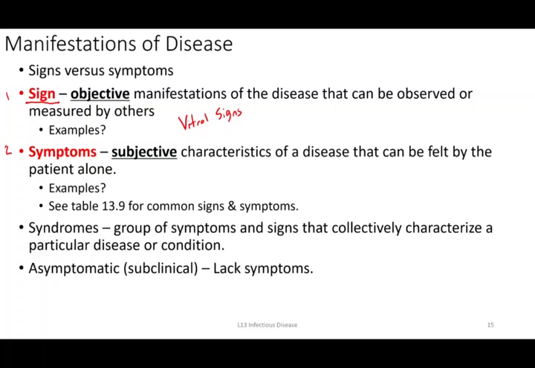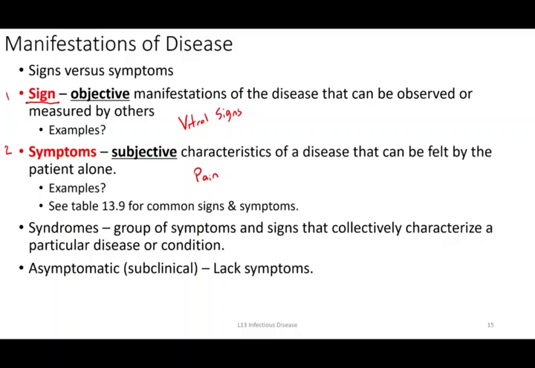We contrast that with a symptom that is going to be subjective, and it's going to rely upon the patient to describe it for you. So things like pain. So how painful something is. If you have a sore throat, if you have a headache, if you have joint pain, that's going to have to be described by the patient.